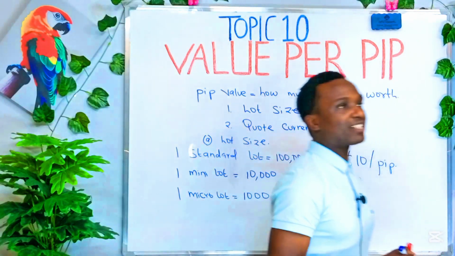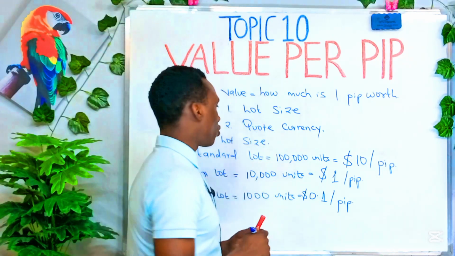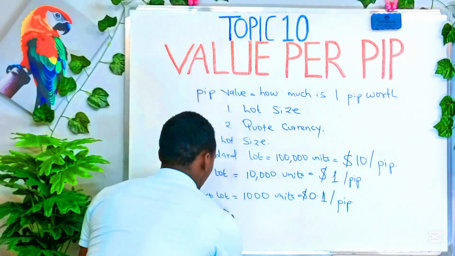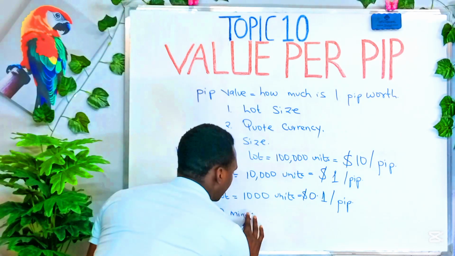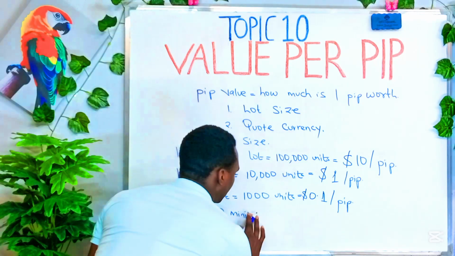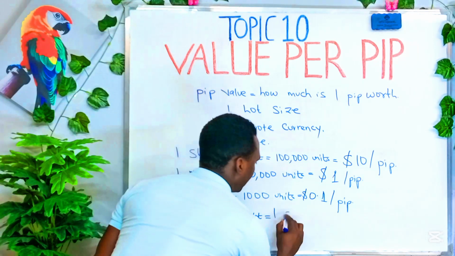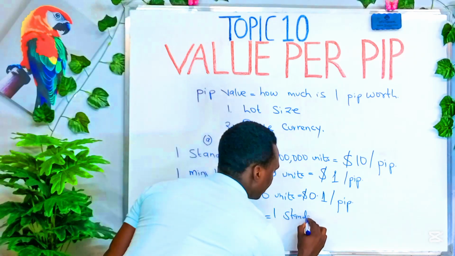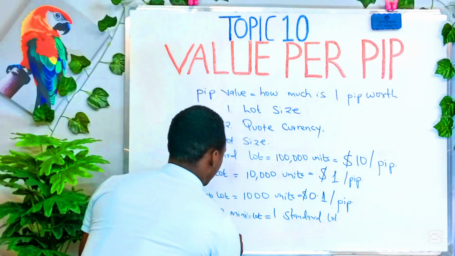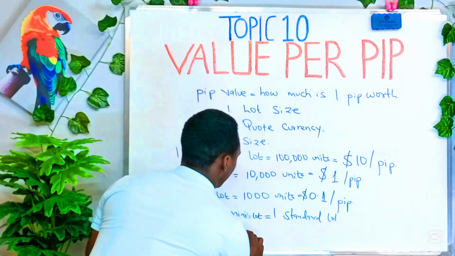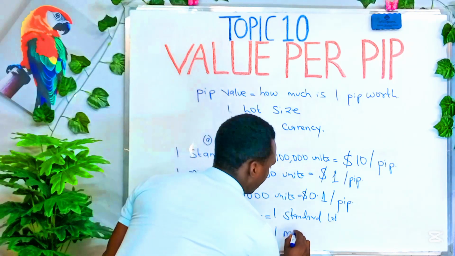So this means that 10 mini lots equal one standard lot, and 10 micro lots equal one mini lot.